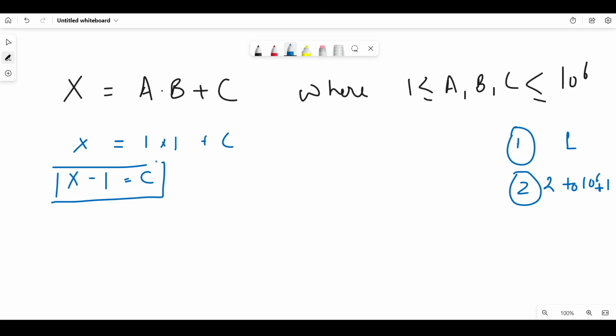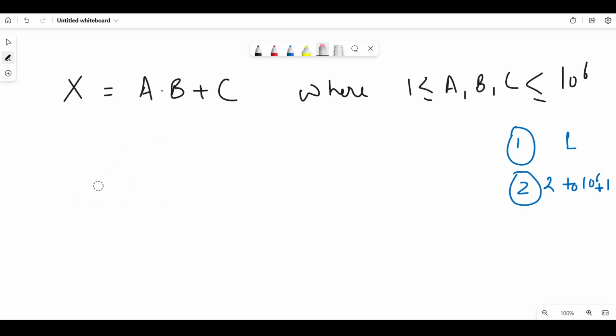When I'm assuming that the values of a and b are 1, then I get the value of c as x minus 1. Simply, I'm going to print three values: a as 1, b as 1 and c as x minus 1.